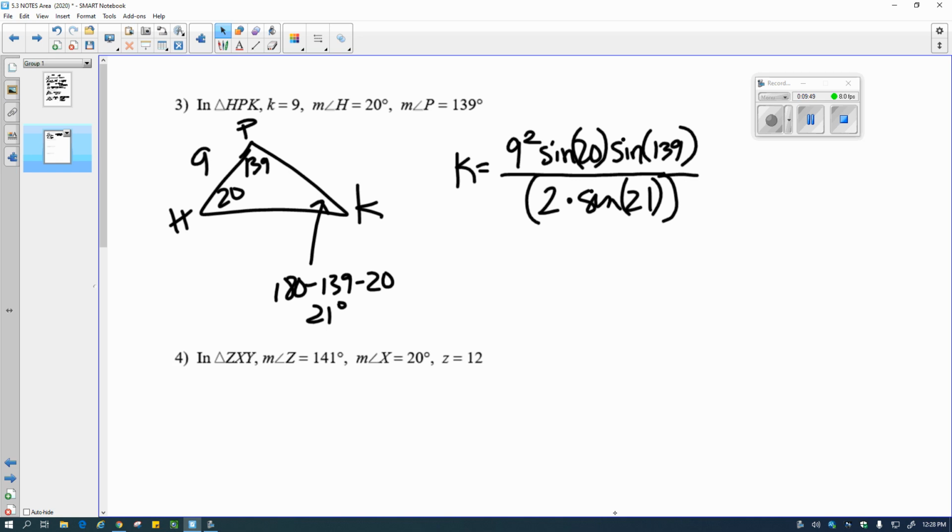Calculator is only as good as the person using it, so you have to make sure that you're using it correctly. So again, I plug all of that stuff in. I'm going to pause it again and then revisit back, and we'll compare our answers. And I got my area here to be 25.35, so 25.4. Again, we'll go units squared.